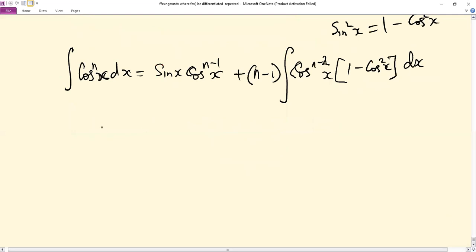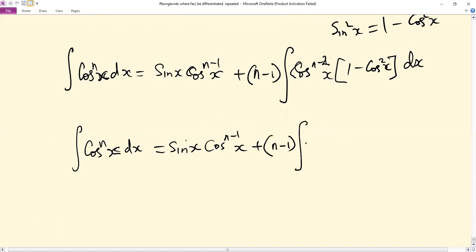Now we multiply, and we have the integral of cos power n of x dx equals sine x cos power n minus 1 of x plus n minus 1 times the integral of cos power n minus 2 of x dx, and then minus n minus 1 times the integral of this by this. Now n minus 2 plus 2 is just n, so we have cos power n of x dx.